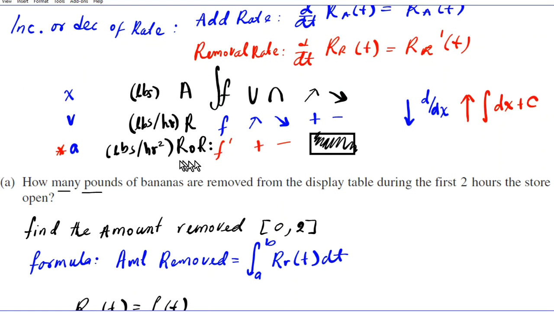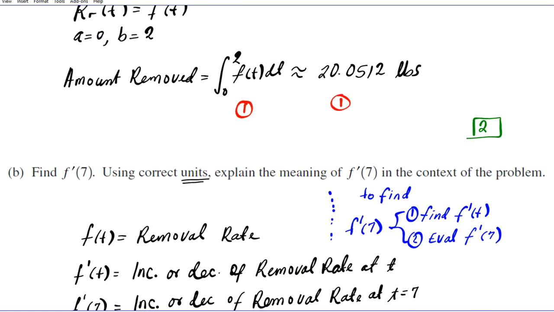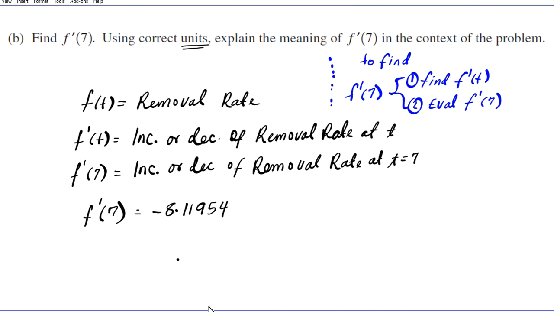And that's because that includes the negativity. So let's go ahead and write down the explanation of the meaning. Meaning f prime of 7, oh, it's not equal, it's approximate. It's an approximation. F prime of 7 is approximately negative 8.11954.